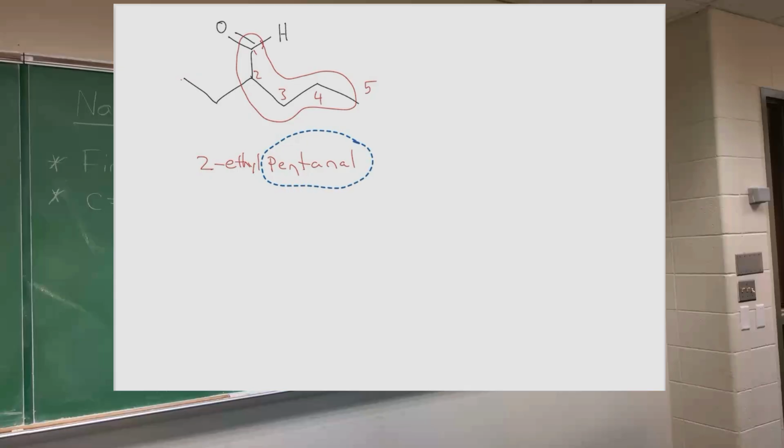And so if you do that, then you can wrap around like this and say, okay, there's my longest carbon chain. That's position number 1. There's 2, 3, 4, 5. So it'd be pentane if it were an alkane, so it's pentanal. And this has an ethyl group at the 2 position. So it goes 2-ethylpentanal.